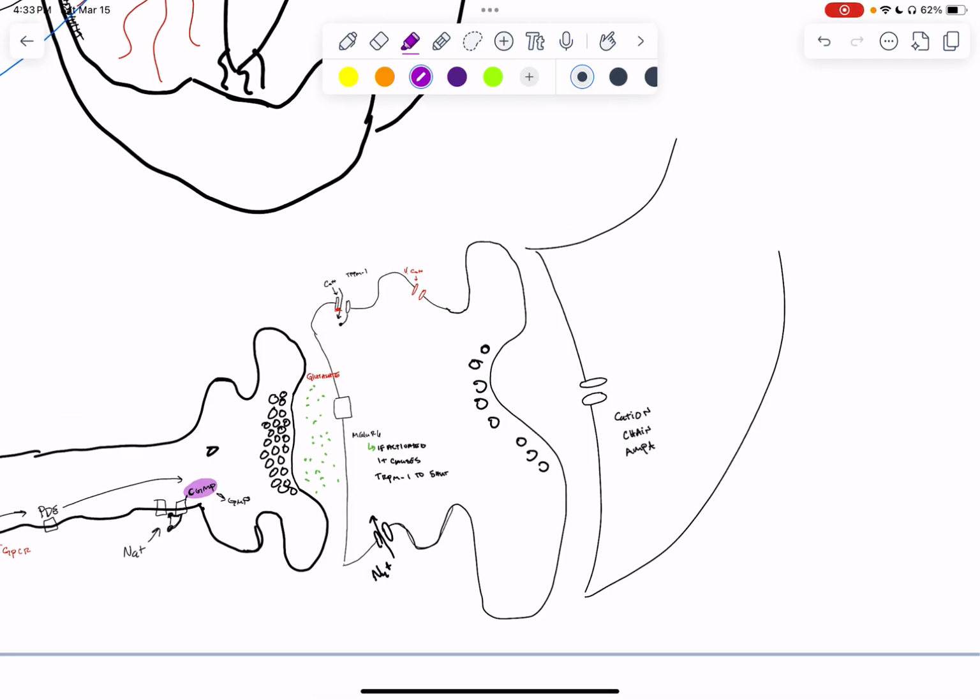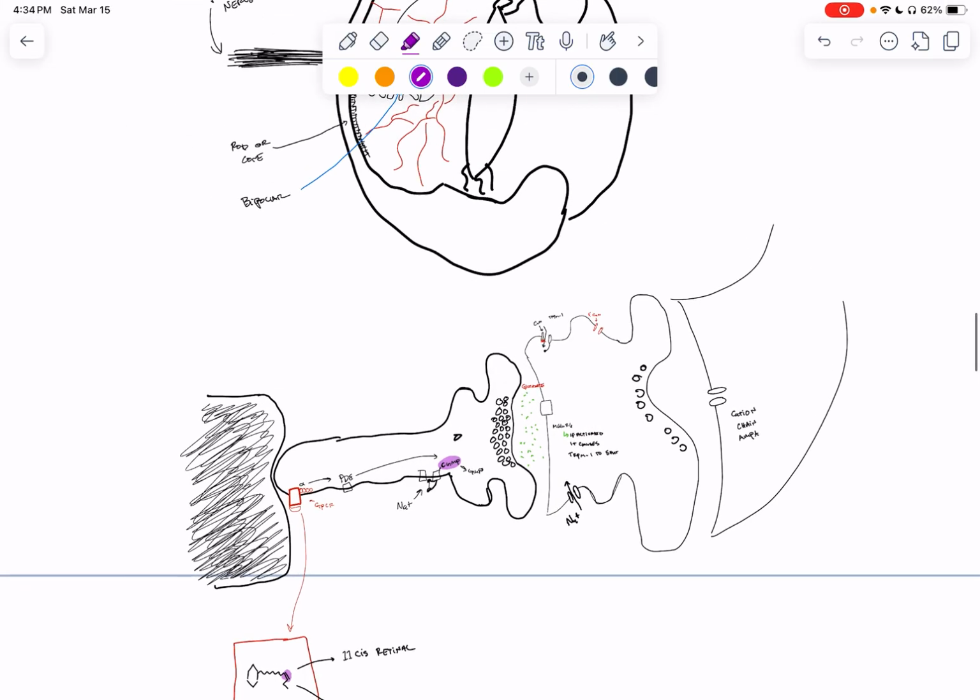At first you might think, oh, well, fewer action potentials means the brain will see dark, but that is actually not the case. Fewer action potentials in this case is going to cause the AMPA channel on the ganglia to tell the brain that it is seeing light. So it's a little interesting situation going on here.